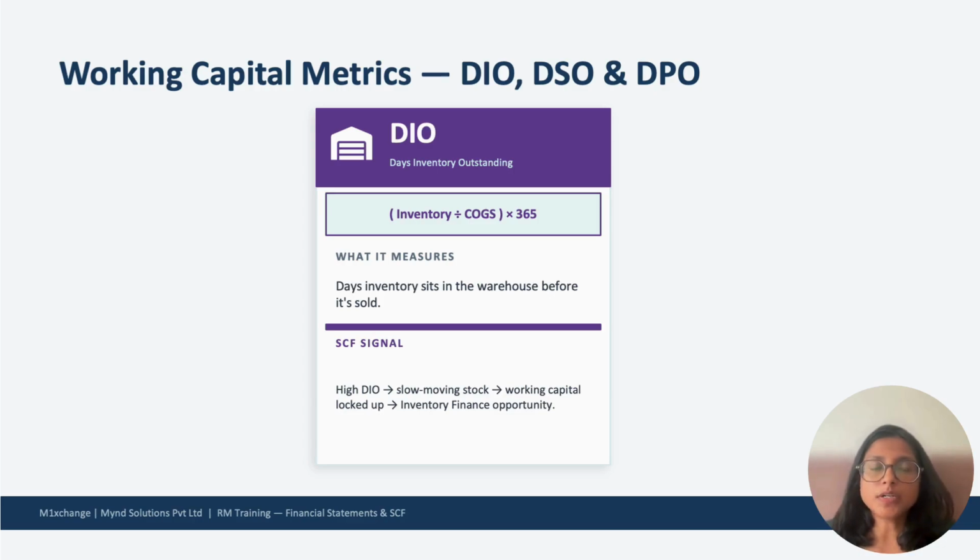So, for example, if a company is in rice exports, they will have very high inventory because they will have to procure rice in the different seasons, say the kharif or the rabi season, and then they store that in their warehouse, right? Now, industries like FMCG or retail tend to have a lower DIO because they have to turn their inventory quickly.